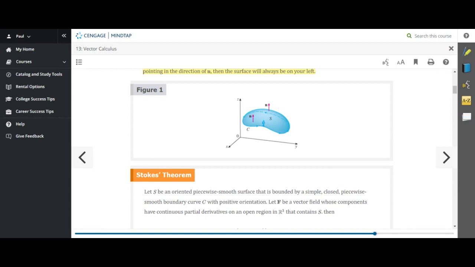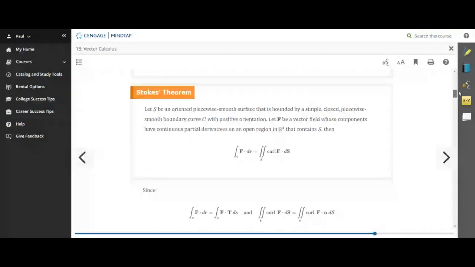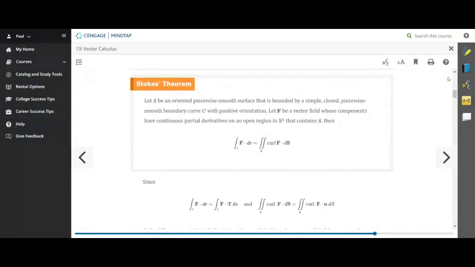That's positive orientation. So what Stokes' theorem says is, if you want to define the work that a three-dimensional vector field does in moving a particle once around that closed path in three-dimensional space, you can't use Green's theorem, right? Because Green's theorem's for two-dimensional space. What does Stokes' theorem say? How can you find that work? Well, here it is.